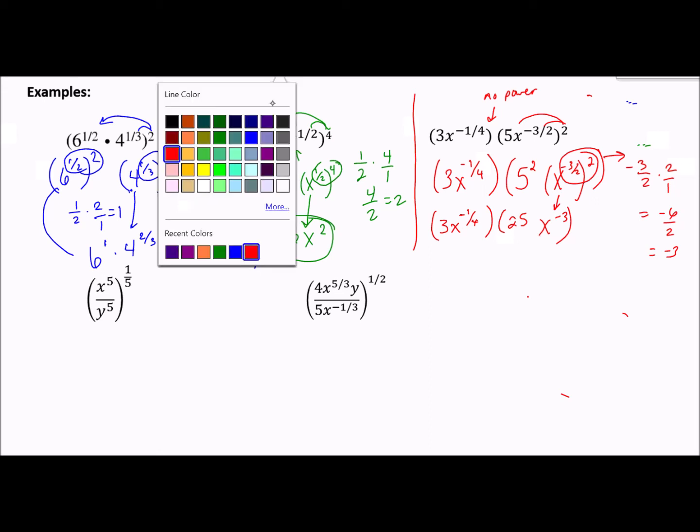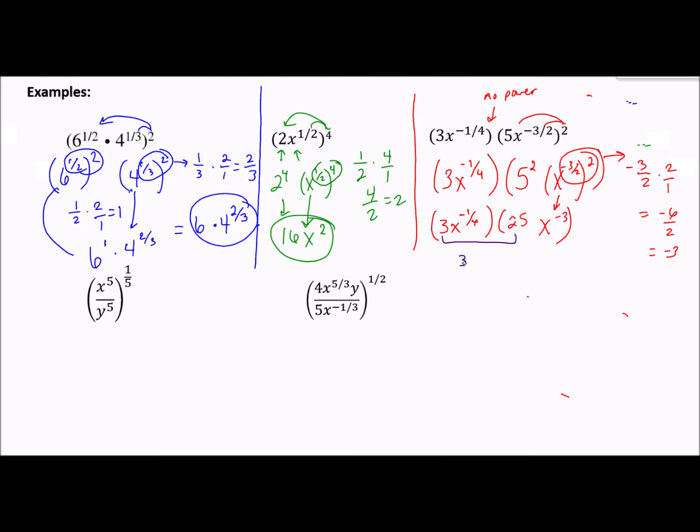So this is like that previous problem we did. The numbers can be multiplied out. And since both of these have x's as a base, then we're going to combine those together as well. Okay, let's see, 3 times 25, that's 75.